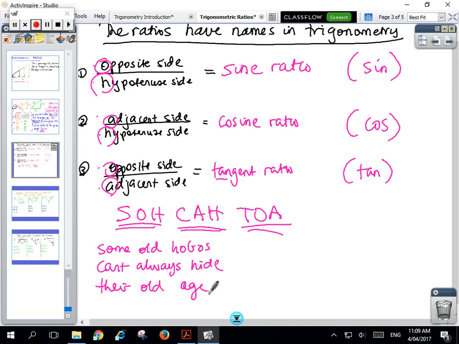So that's just one way that some kids have remembered over the years, but some kids just write SOH CAH TOA at the top of the page. So that's the names of the ratios.